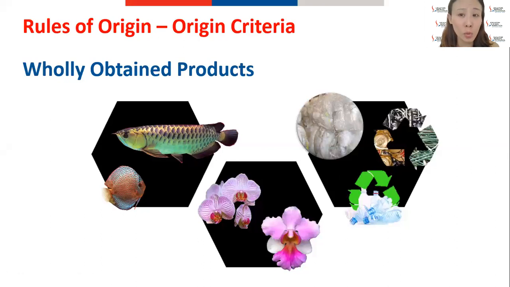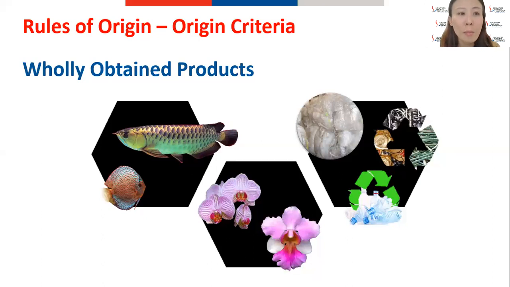So what is wholly obtained? Wholly obtained means a product obtained or produced entirely in one country. Some examples are mineral products extracted from the soil, vegetables or plants grown and harvested, and live animals born and raised in the country.